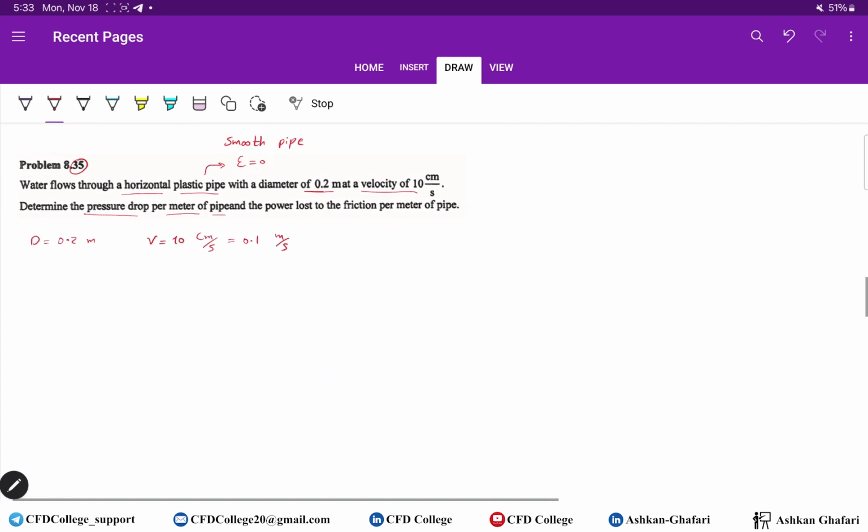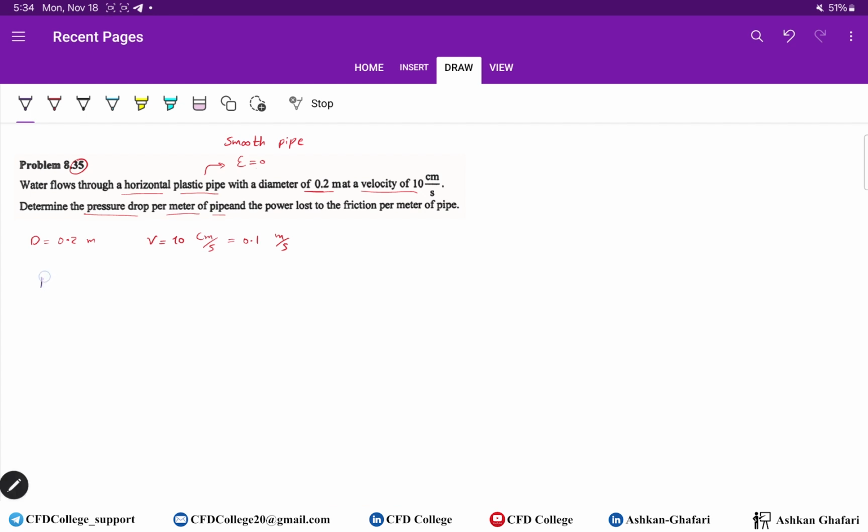Okay, so we have a pipe and we want to find the pressure drop first. As I mentioned, we should use the energy equation because we have fluid flow.